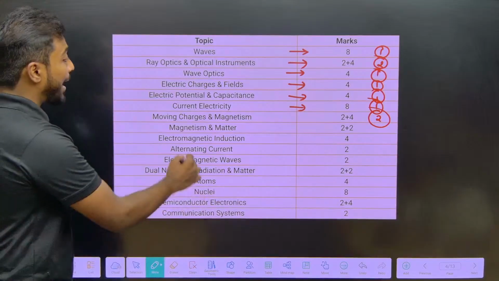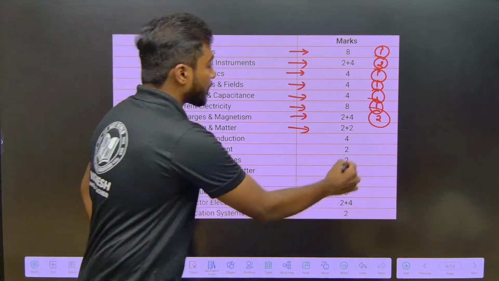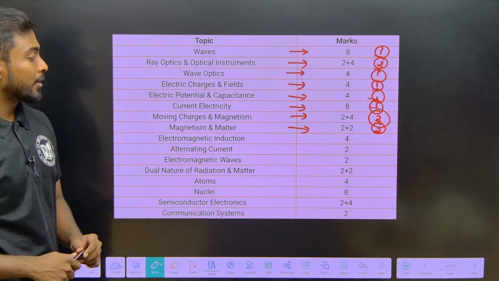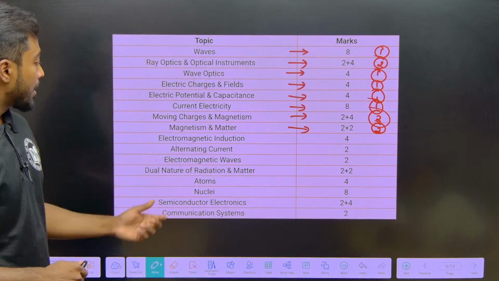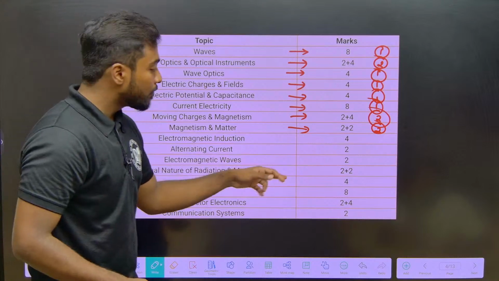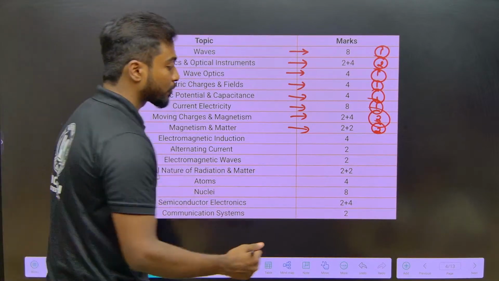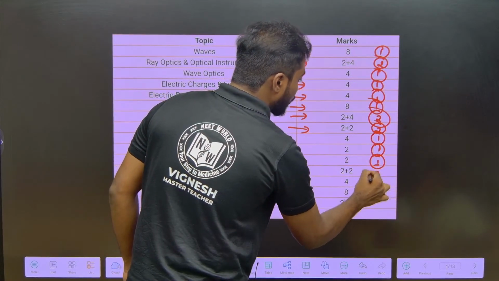When I talk about magnetism and matter, very short answer only, 2 marks, 2 questions will be asked here. Electromagnetic induction, one 4 mark question. Alternating current, one 2 mark question. Electromagnetic waves, one 2 mark question, and dual nature of radiation and matter, two 2 mark questions.